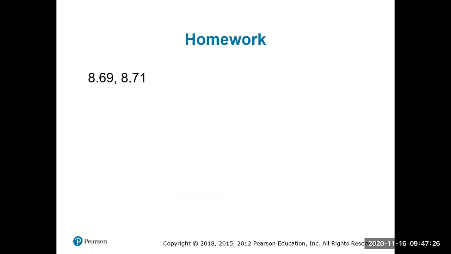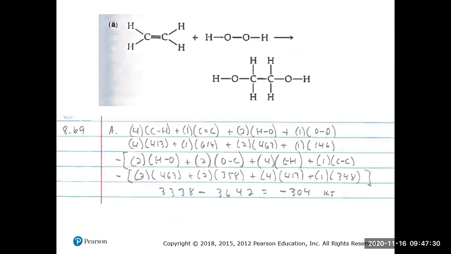So there's a couple of homework problems associated with this. Please take a look at those. We're kind of running out of time, so I'll just quickly talk about this a little bit, is that you have those bond energies that you can use. You look up in the table, and then it's a matter of looking and seeing how many of those bonds are present.